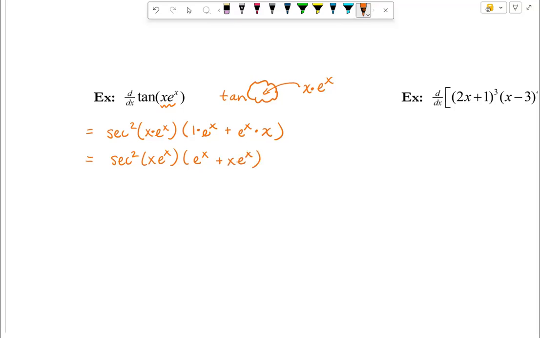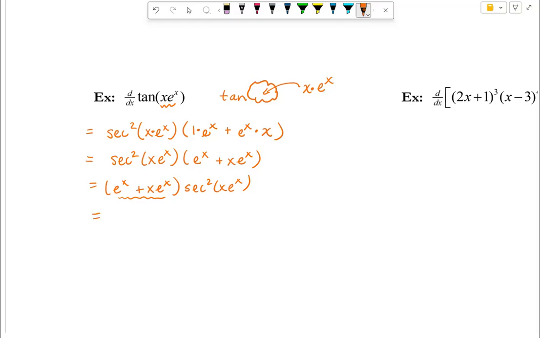And it's very possible that that's how our answer will be written. Oftentimes, we might see this piece first, like we might have e to the x plus x e to the x first, and then multiply that with secant squared x e to the x. Or another thing that is possible is that we might factor out a GCF right there.